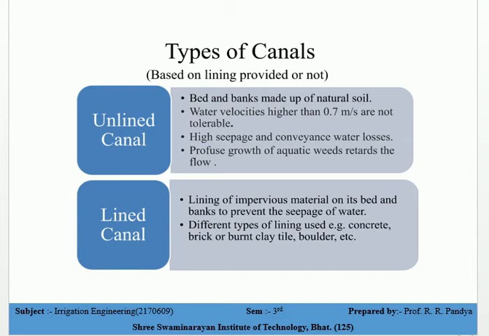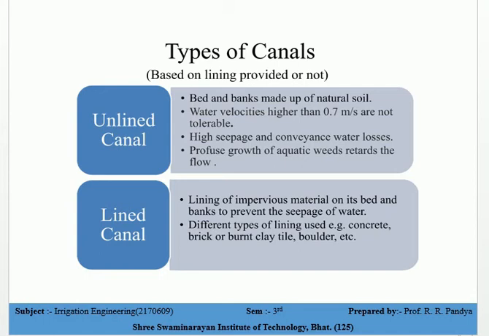In an unlined canal, there are high seepage and conveyance water losses. The profuse growth of aquatic weeds retards the flow. So this is the basic nature of the unlined canal. So there is one question: what is lining? First let's understand the lined canal.